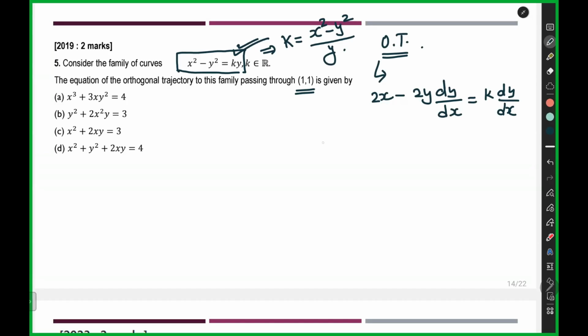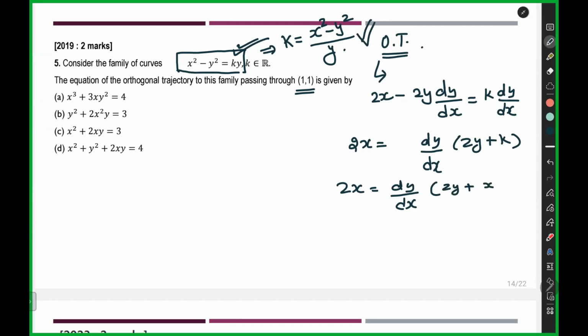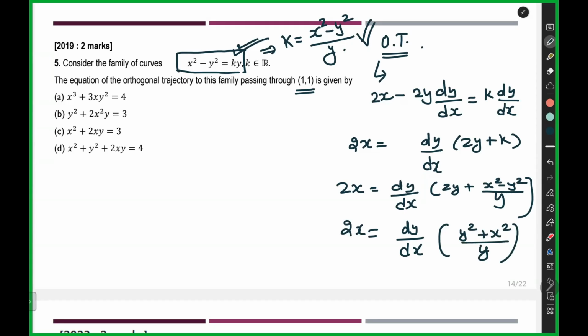Taking the right-hand side, it is 2y plus k, and 2x equals dy by dx times 2y plus k. 2y plus k is taken from here, minus y squared upon y, so dy by dx equals y squared plus x squared upon 2xy. What is the next step?